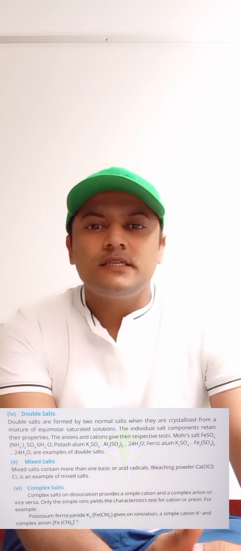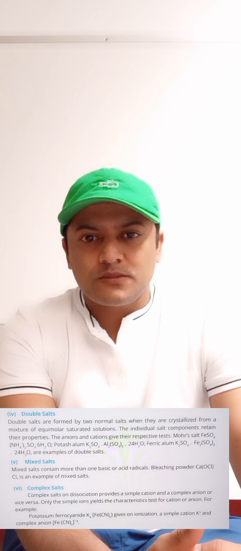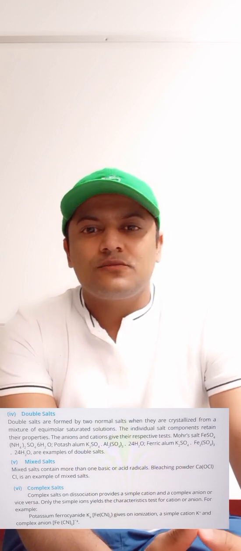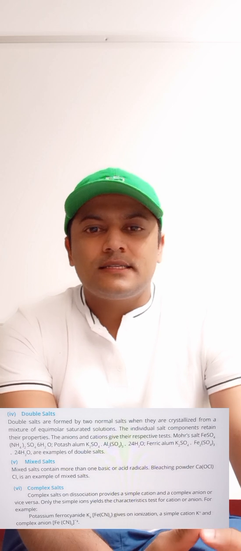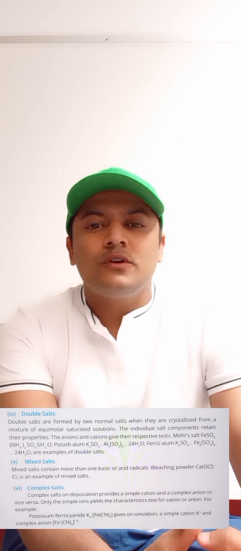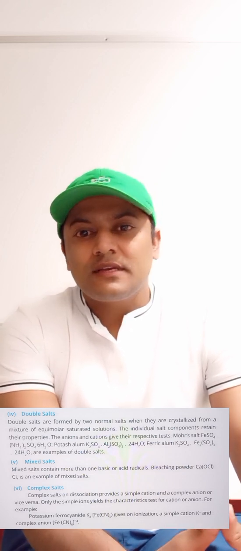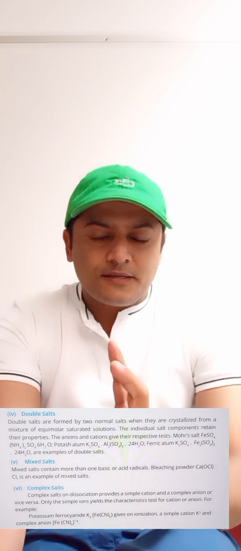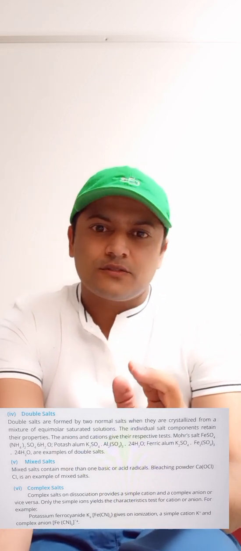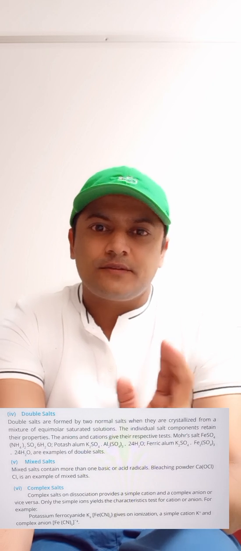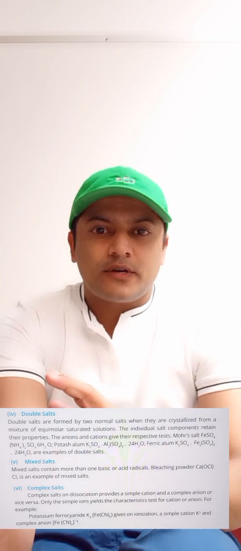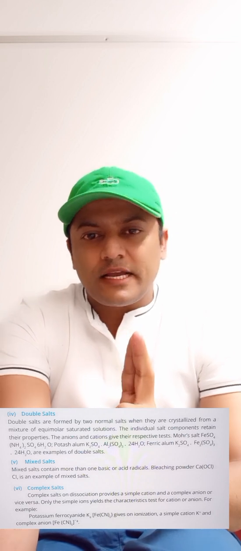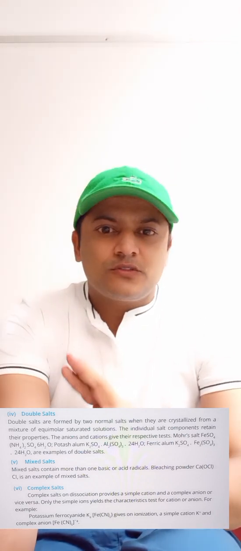So here Ca is a 2 positive charge species, and OCl, that is called oxychloro, is negative 1, and Cl, that is called chloro, is also negative 1. So here we can see two negative species are in the salt. One is oxychloro, that is negative 1, and the other is the chloride, that is also negative 1. So two negative species and one positive species. So that's why we call it a mixed salt.